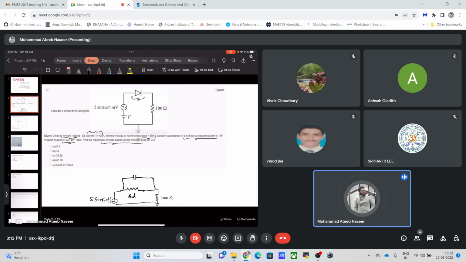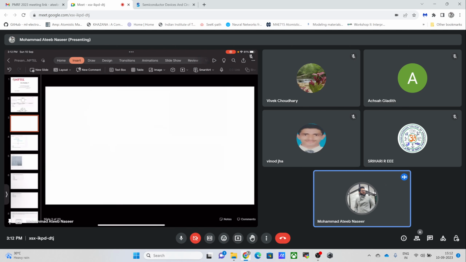Now for the AC resistance of the diode, you must have seen that this RD is simply equal to thermal voltage divided by ID. You must have gone through this in the lectures.